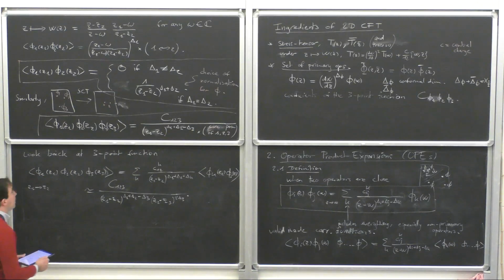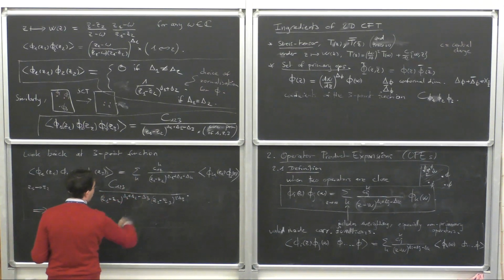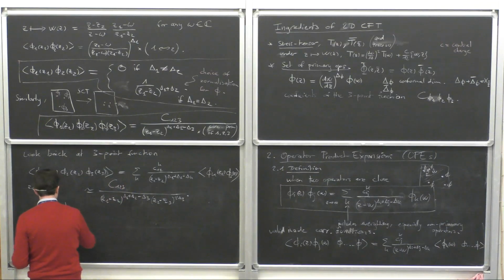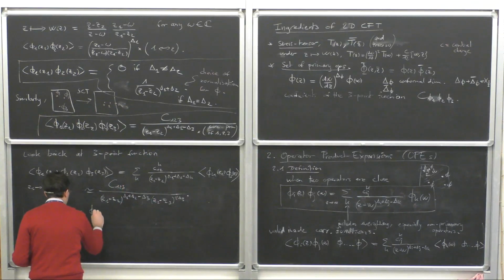Okay? And so as a consequence, we must have that the term with the smallest possible scaling dimension must correspond to phi_k. This operator here must be phi_3, so it must be a primary.